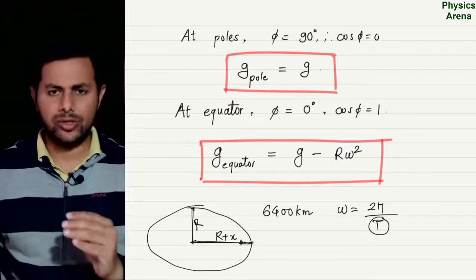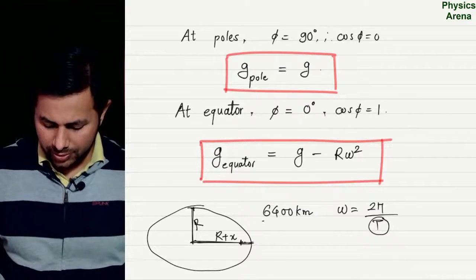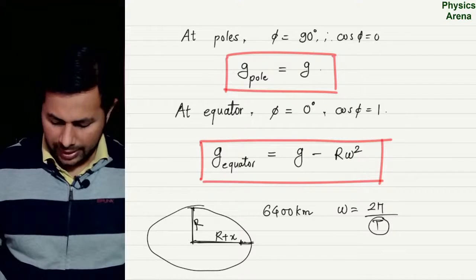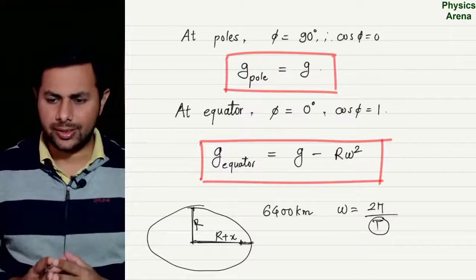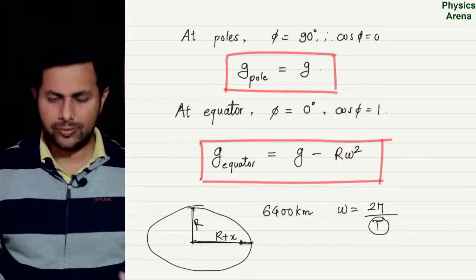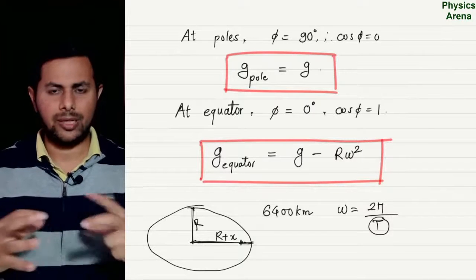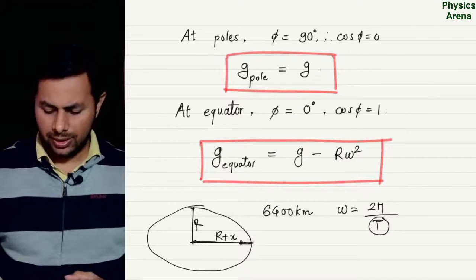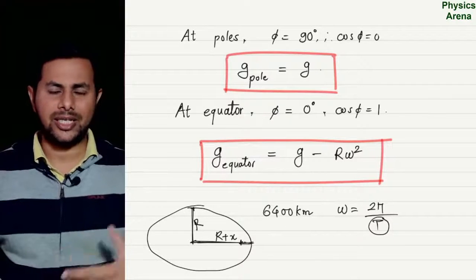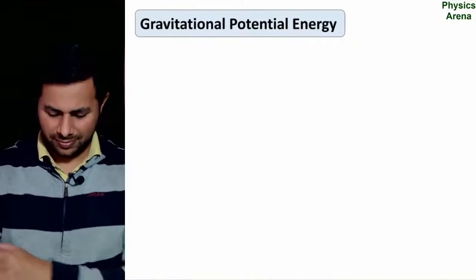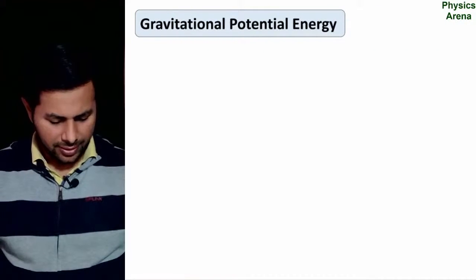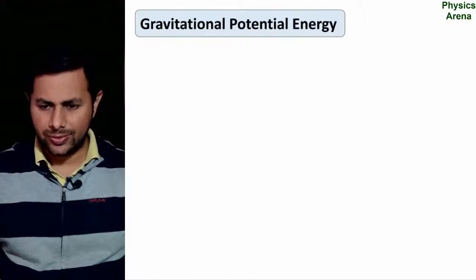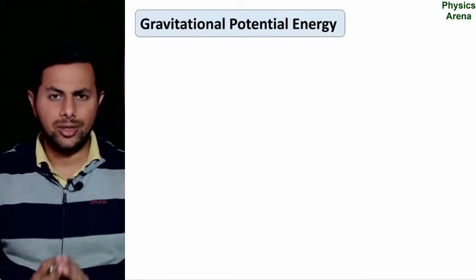But that is small compared to the radius of Earth, which is 6,400 kilometers. And that's why we can neglect the shape and size of Earth, and we can do a nice approximation and have all these nice formulae. All right. So now if there are no more questions on acceleration due to gravity, we'll move on to gravitational potential energy.